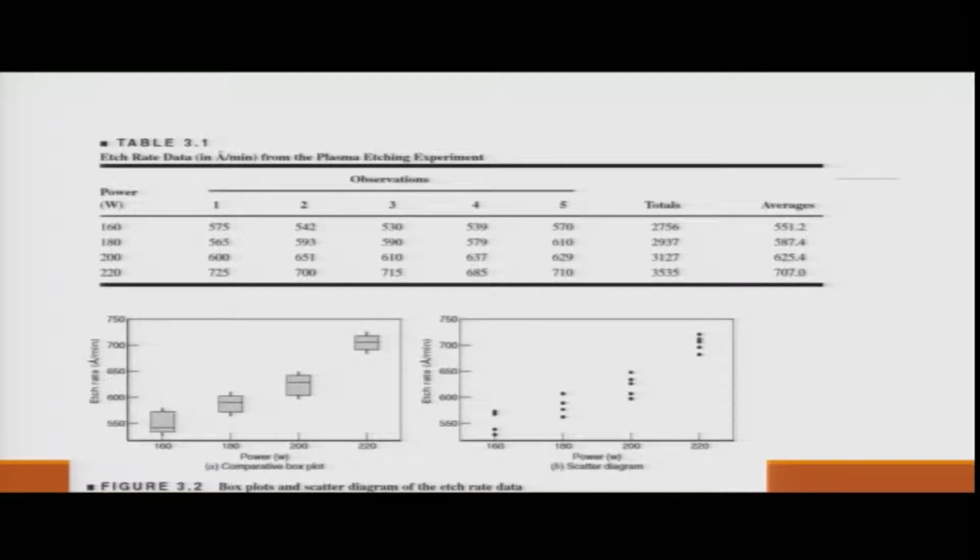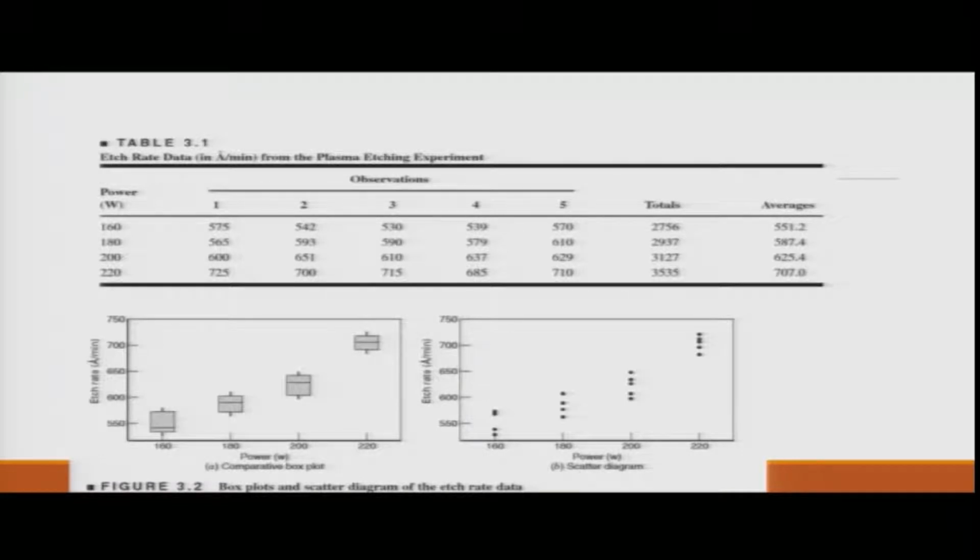For example, for 160 the observations are in angstrom per minute. If you consider the row corresponding to 160, they are 575, 542, 530, 539, 570. So, the total is 2756, you divide by 5 and you get the averages.